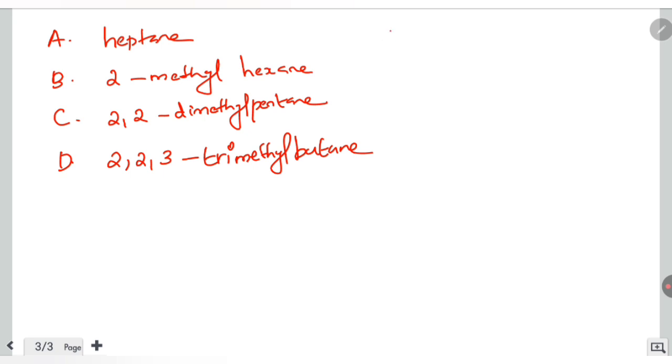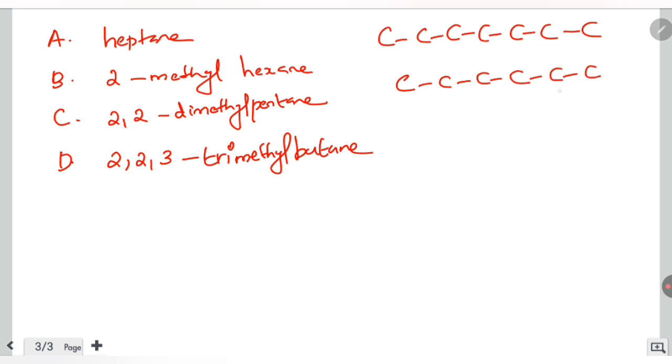So the difference is 1, 2, 3, 4, 5, 6, 7, heptane, right? Then the second one, the parent is hexane, so it's 1, 2, 3, 4, 5, 6. Carbon number 2 has a methyl branch. You need to include the number of hydrogens; I'm just showing you the difference.